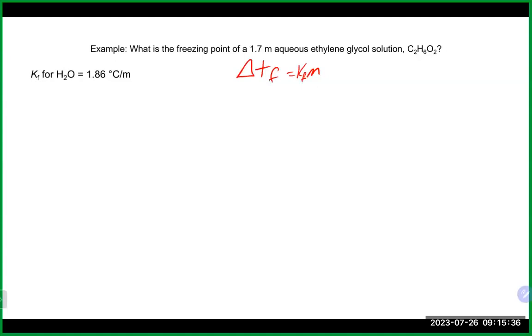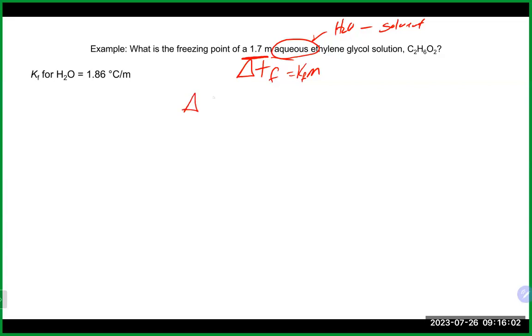In this case, it's aqueous. The key word there, aqueous, means a water environment, so that is how you know water is the solvent here, and that is what you should be looking up. Sometimes those keywords are what you want to look for. In this particular case, they actually did calculate the molality for us, so we don't have to calculate it, but sometimes you do need to calculate it yourself.